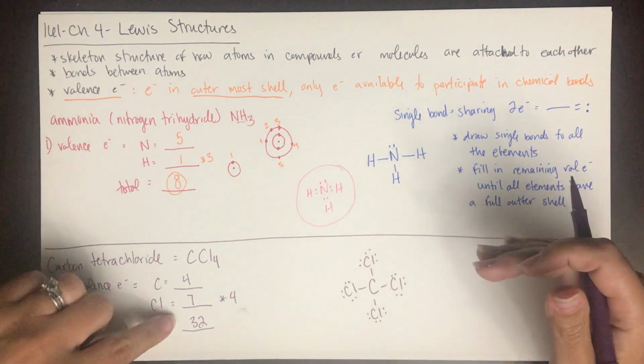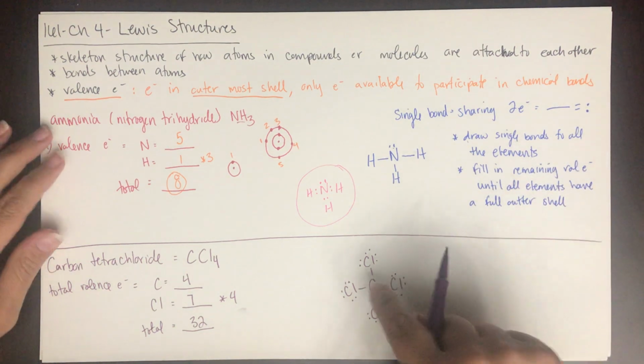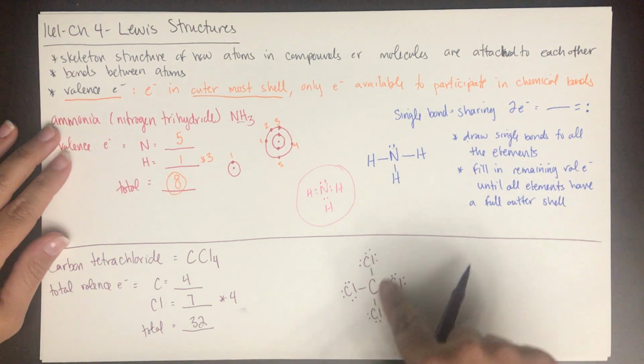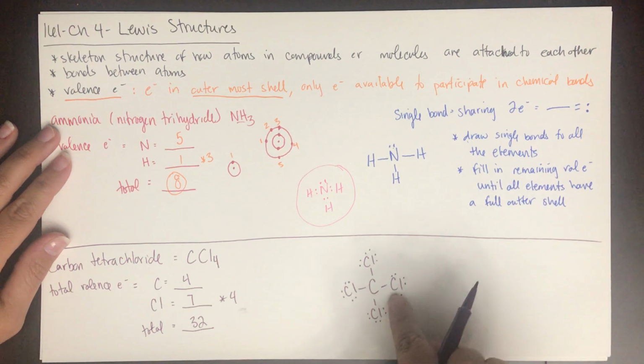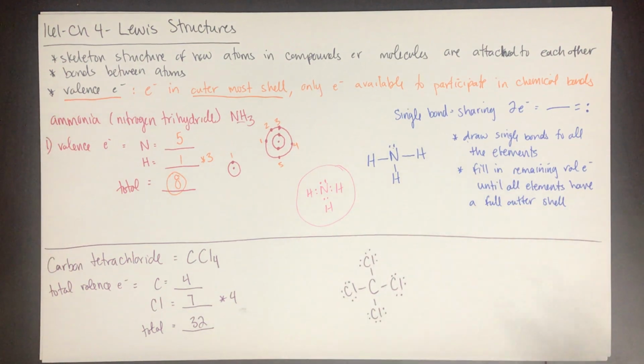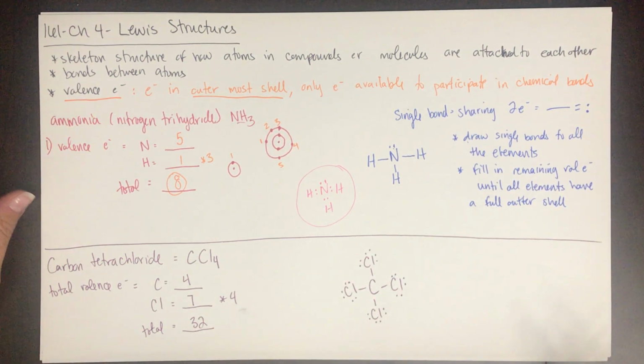So now I've distributed all of the valence electrons. There's 8 of the electrons that are bonding the carbon to the chlorine, and the other 24 electrons went around those chlorines. So this is the correct Lewis structure.